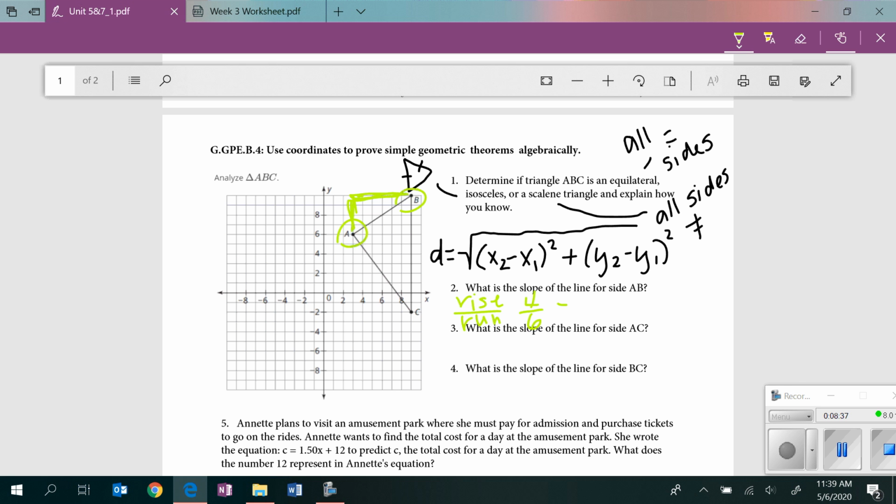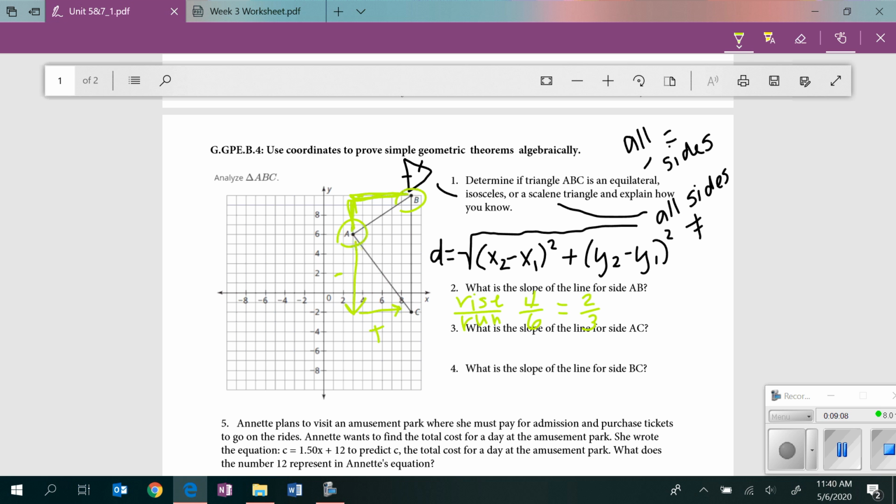So your slope is 4 over 6, and you can reduce this fraction to 2/3. And that's it for the slope of side AB. You should be able to do the side for AC, but notice how we'd have to go down and right. Down is a negative direction, right is still positive. So you're going to end up with a negative slope.